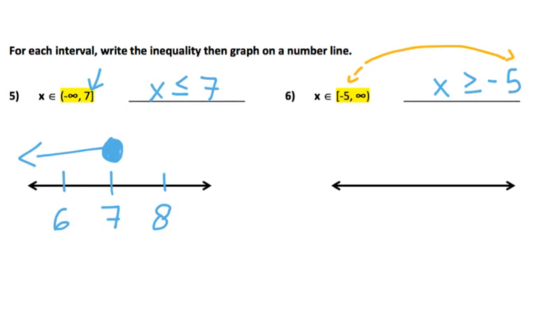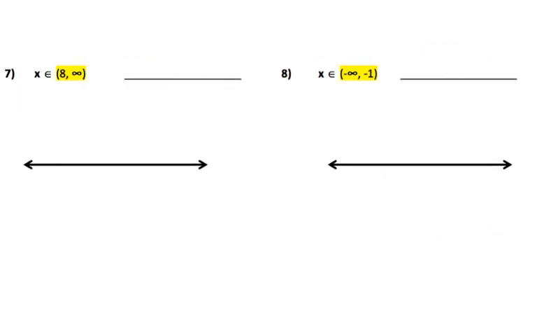Now let's graph it. So we got negative 5 in the middle, negative 6 is to the left, negative 4 is to the right. We're going to have a filled in circle at negative 5 and our arrow pointing to the right. Okay, so number 7, X is an element from 8 to infinity. So it looks like we got a positive infinity here, so X is going to be greater than.